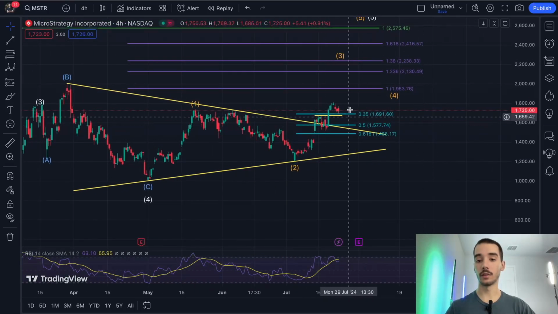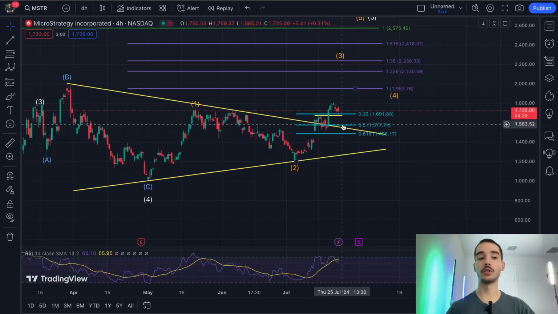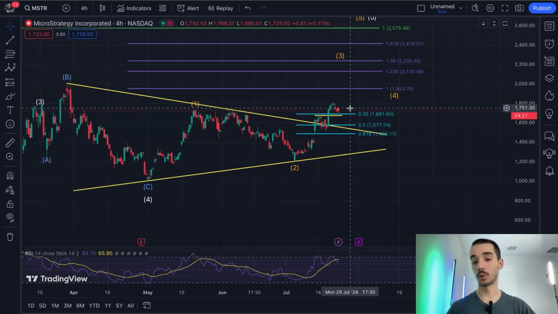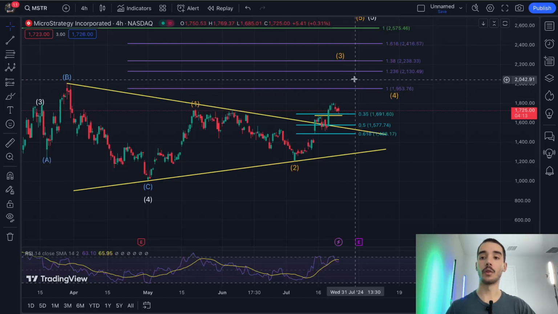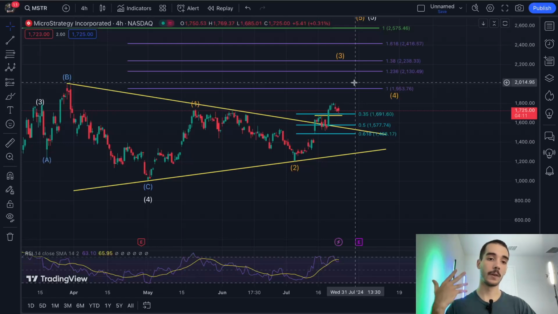So until we have confirmation of support in this area, you can start slowly adding, or I'll slowly be adding calls in this area. And then once we have confirmation that the price went higher above this area, that's enough confirmation for me to know there's enough bullish momentum to bring us back up to roughly $2,000 pre-stock split.